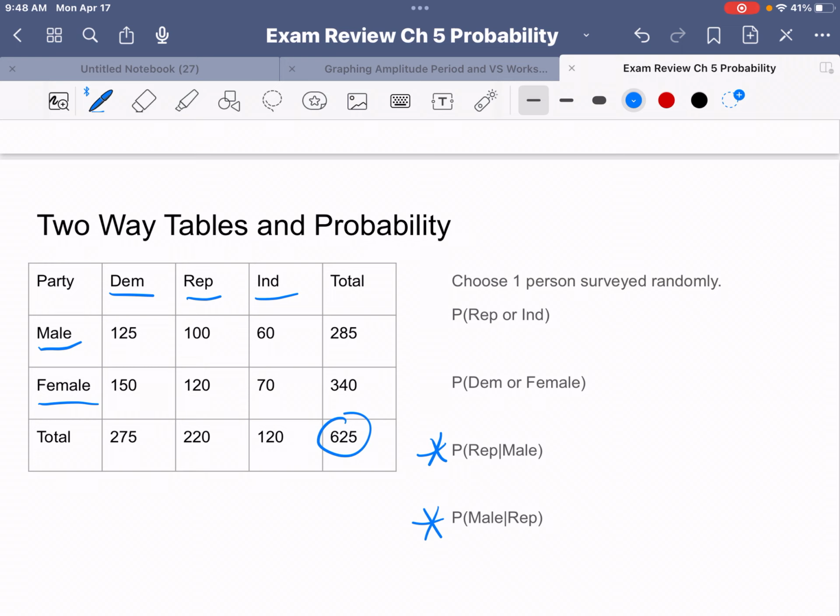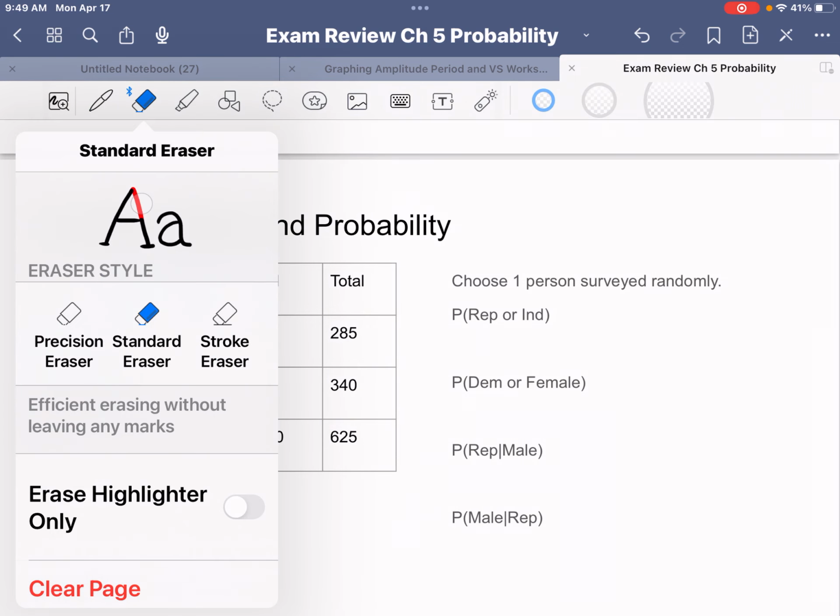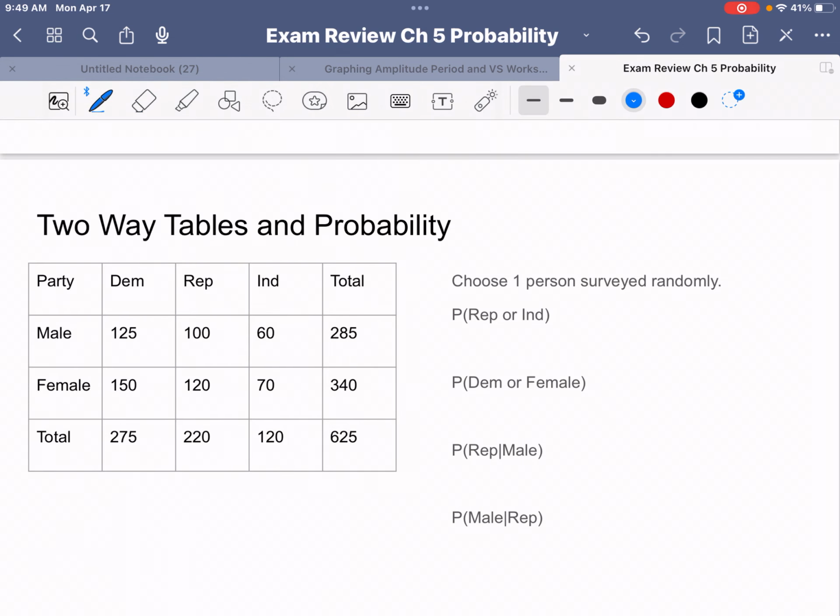Okay, so choose one of these people randomly. What is the probability that the person is either a Republican or an independent? Well, there's 220 Republicans and 120 independents.